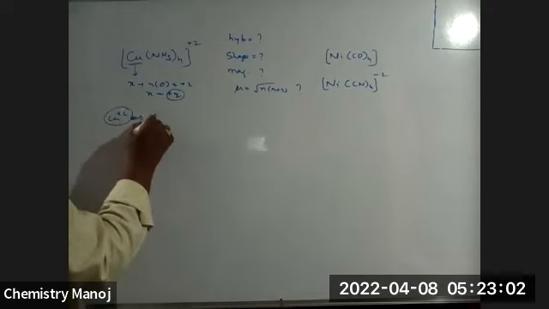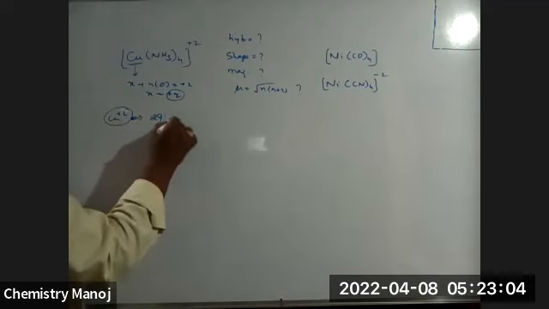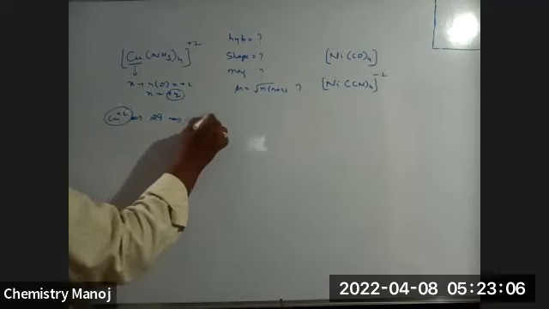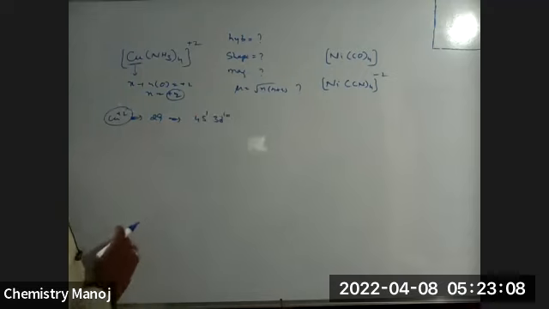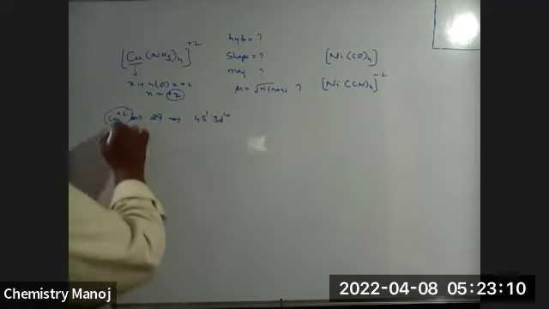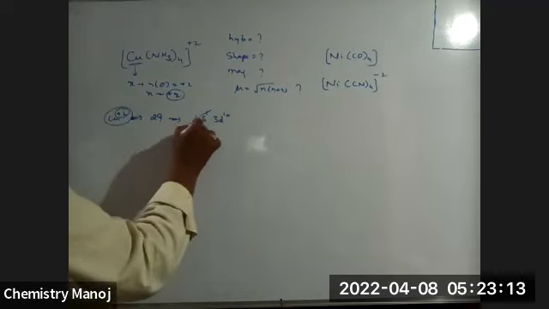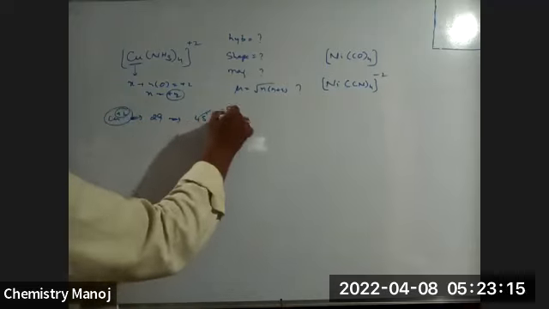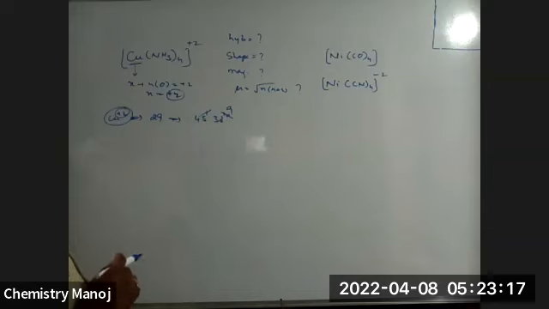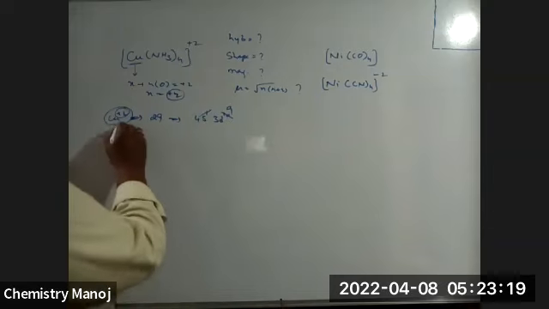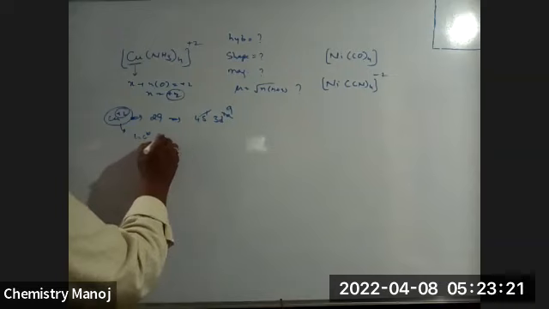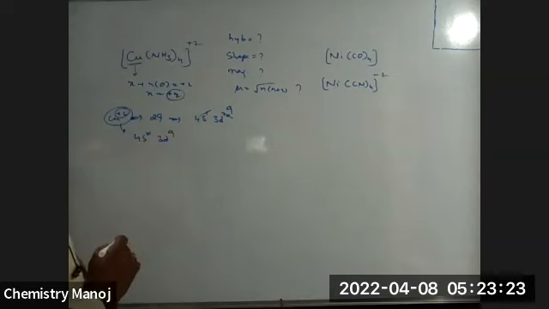Copper atomic number 29. The outermost electronic configuration is 4s1 3d10. Plus 2 means losing of 2 electrons, one from s, one from d. Here 4s0 3d9 is the configuration.